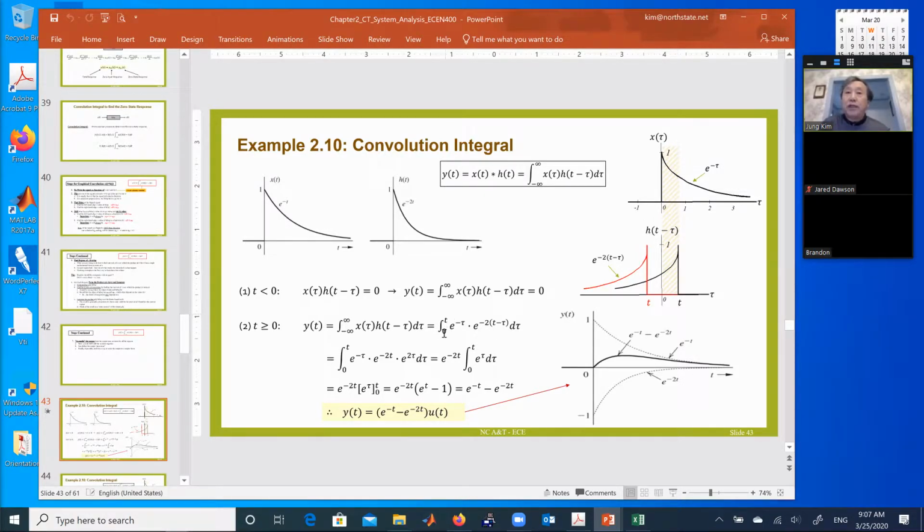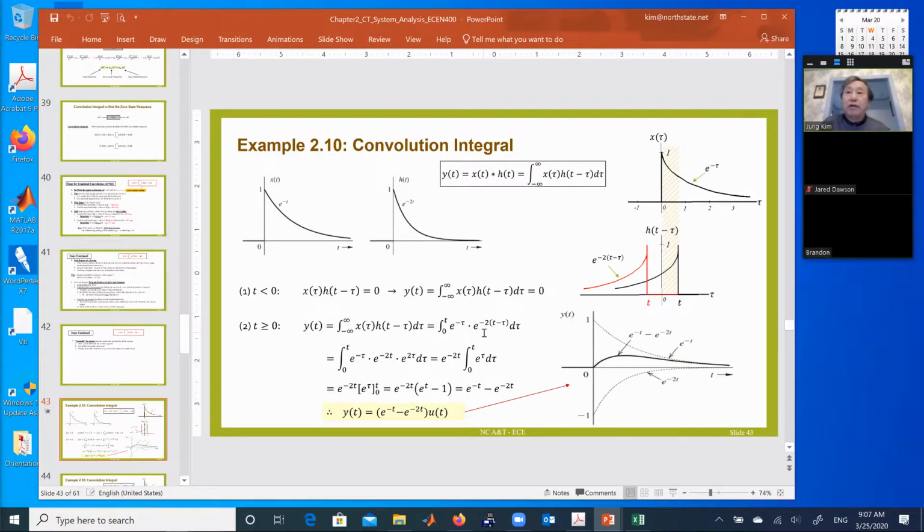So zero to t. Inside this range, x of tau is e to the minus tau, and this one is originally e to the minus 2t. So t is changed to t minus tau: e to the minus 2 times (t minus tau).